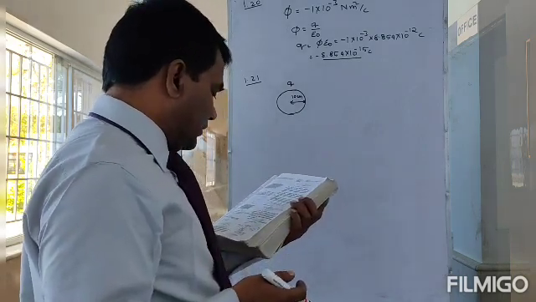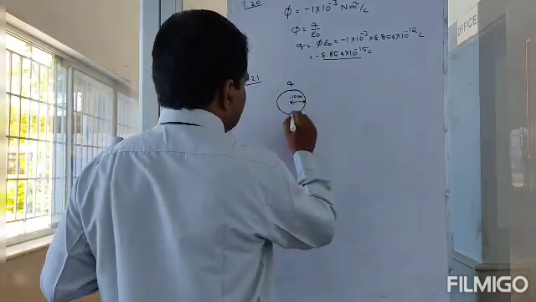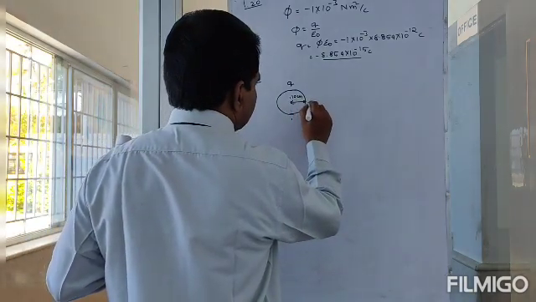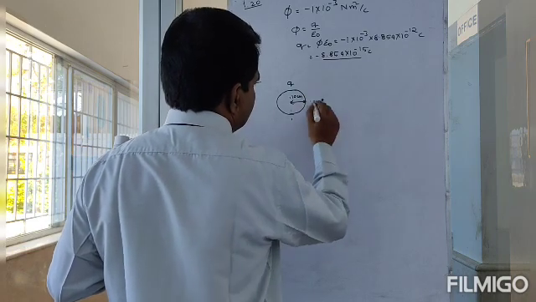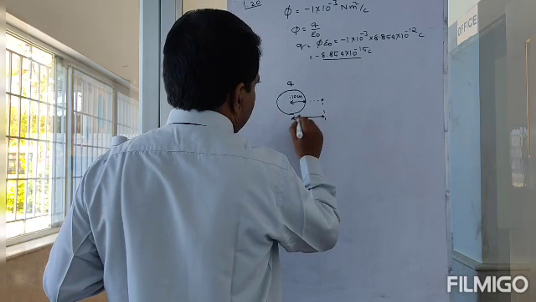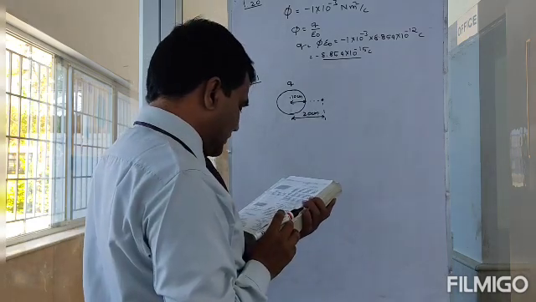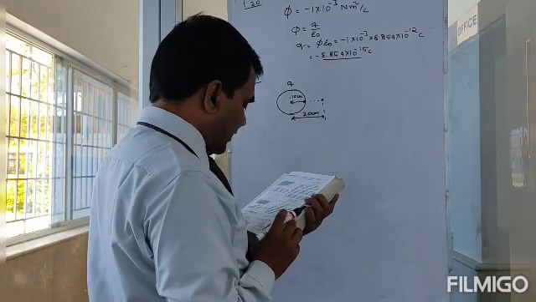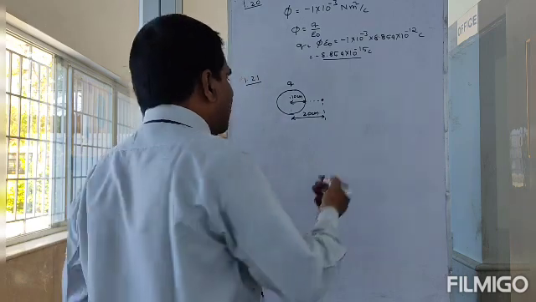If the electric field 20 centimeters from the center of the sphere. So from the center, if I take 20 centimeters, this part, this is also 10 centimeters, right? So totally 20 centimeters. So there is this field E. It is 1.5 into 10 to the power 3 Newton per coulomb and points radially inward.